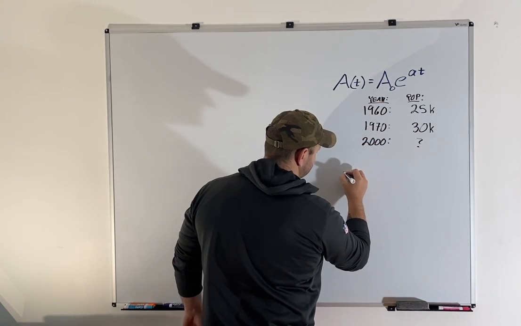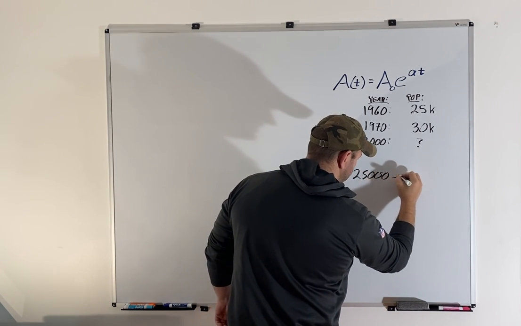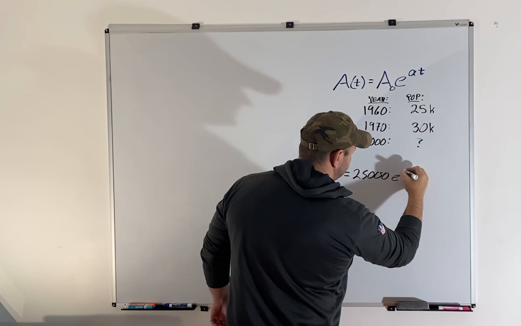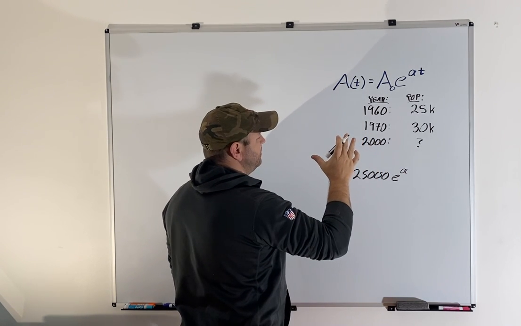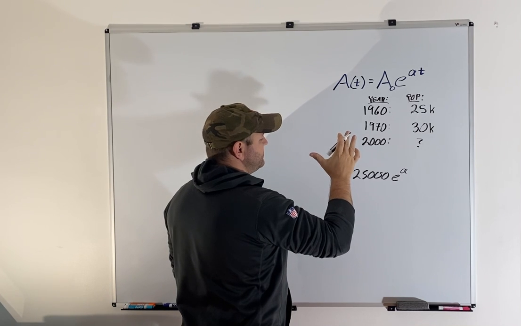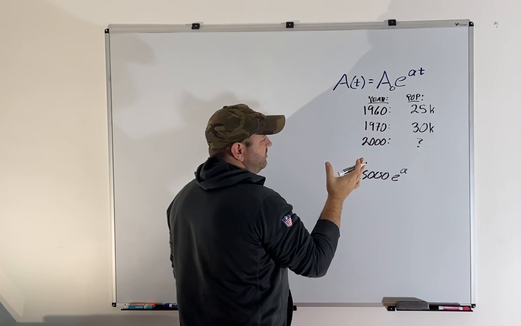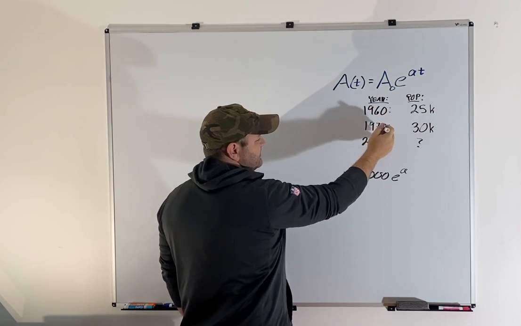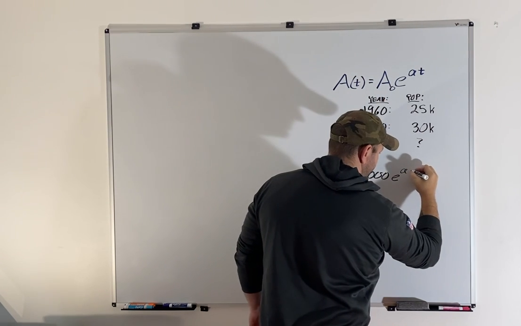So it's going to be 25,000 times e to the a. And t is going to have to be 10 years, because I went from 1960 to 1970.